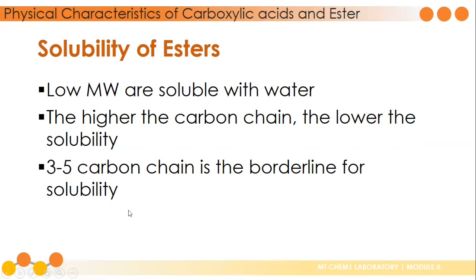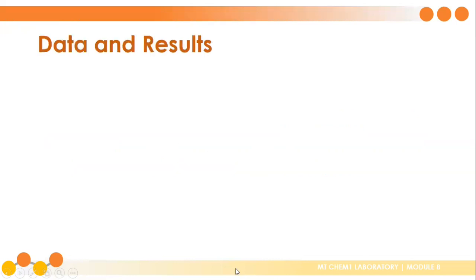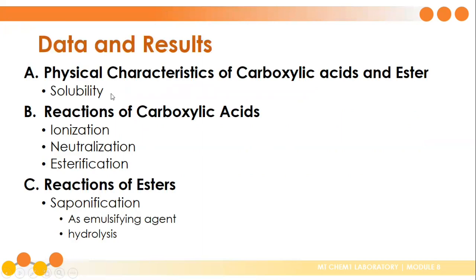So the borderline for solubility is a 3 to 5 carbon chain. Upon going past this carbon chain length, it becomes more difficult to dissolve the ester. So we're now done with the solubility of both carboxylic acids and esters.